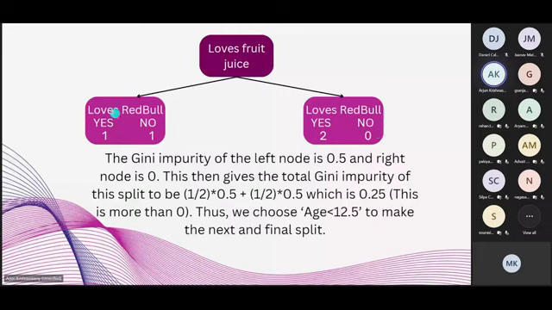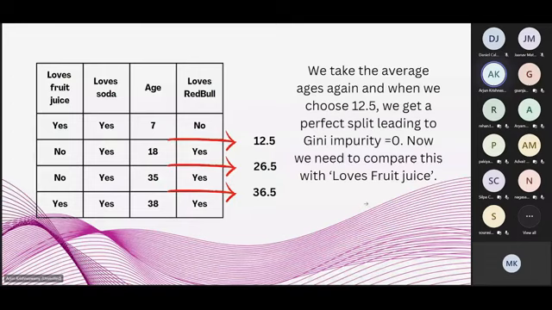And then again we find the weighted average and we get 0.25, and this is more than 0. We got 0 for age 12.5. Also note that I've not performed the calculation for 12.5, because it's clear that people aged less than 12.5 don't like Red Bull. People aged more than 12.5, all of them like Red Bull. So again, we can conclude that age 12.5 is the best criteria to choose to split this further.